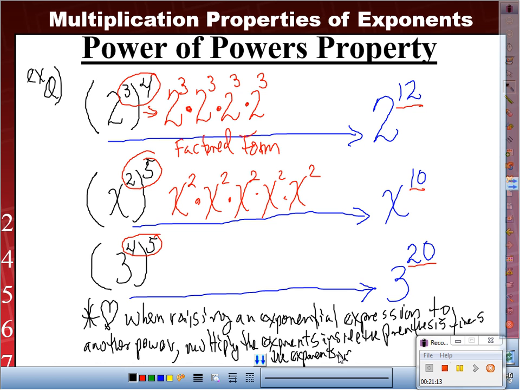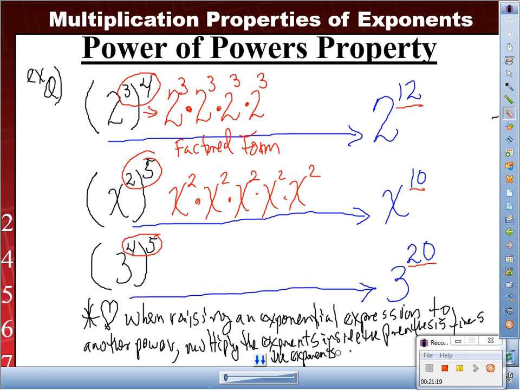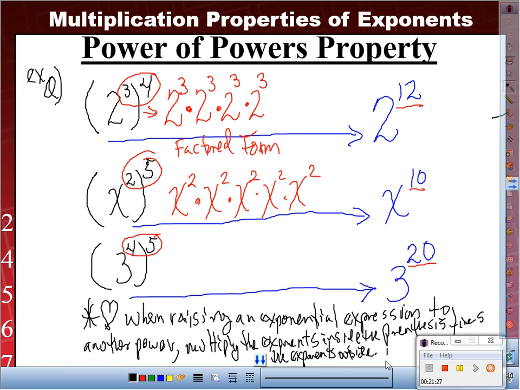Oh, I already said inside. Outside, my bad. Yeah, I did that to see if you were paying attention. Times the exponents outside. 10 cubed. Pretty simple? Straightforward, right? Okay, so let's do some practice.